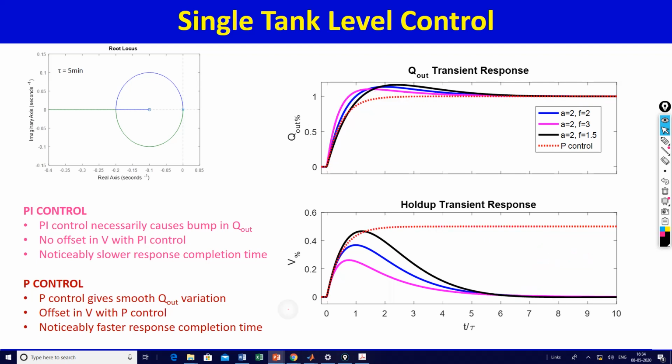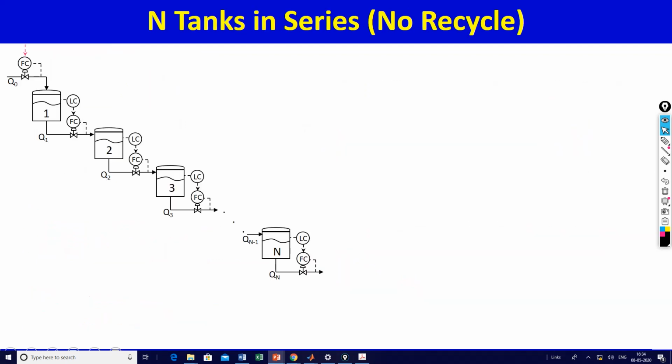Continuing. Now let's look at n tanks in series. Q naught is the inflow, and Qn is the flow out from the final tank.